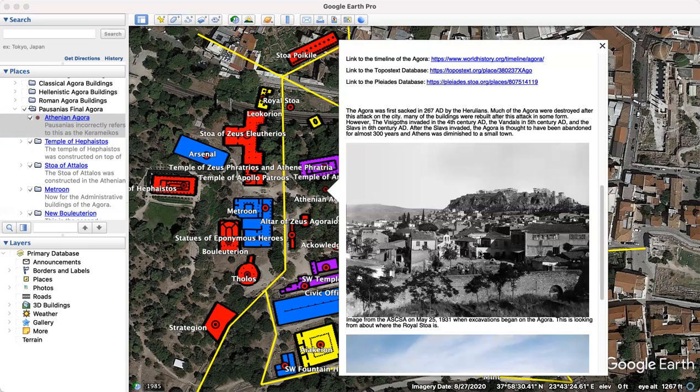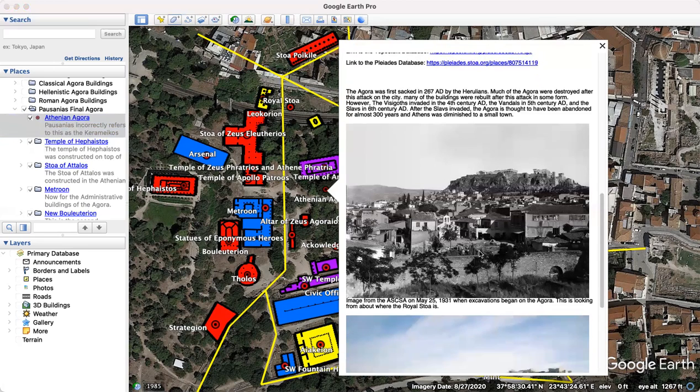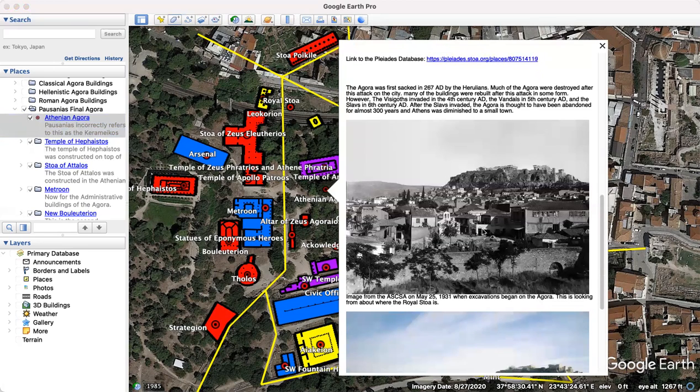And eventually, buildings were built over it. Romans built buildings over it. The Greeks did. However, once people found out that this was the Agora, the American School of Classical Studies bought the area and began excavations. So if you see here, there's an image of what the Agora looked like on May 25th, 1931, which is the day when the excavation started.